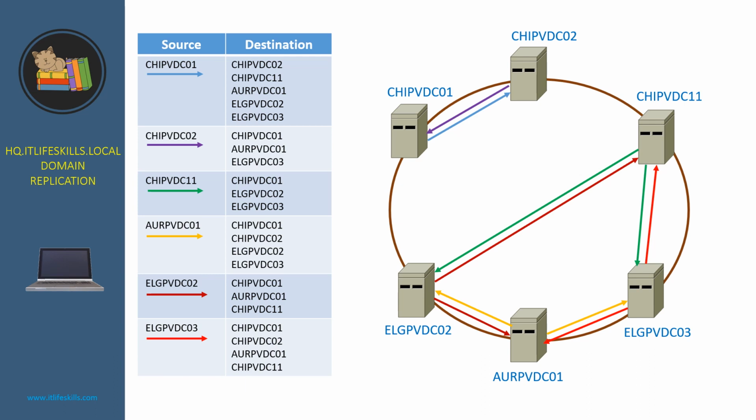As you can see, when there are two or more domain controllers in the domain, the replication connections are being performed in a ring topology, which means each domain controller has two partners.